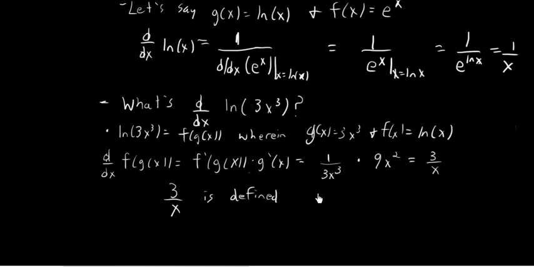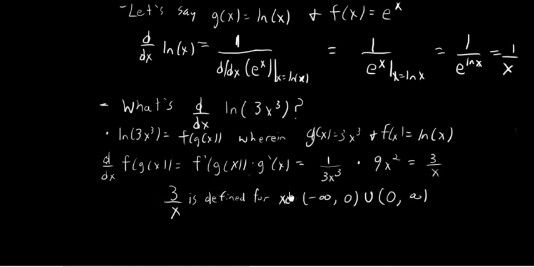So you could say it's defined over the interval negative infinity to 0, exclusive of 0, union 0 to positive infinity. I guess I should really say that it's defined for these x values. But where's ln of 3x cubed defined?